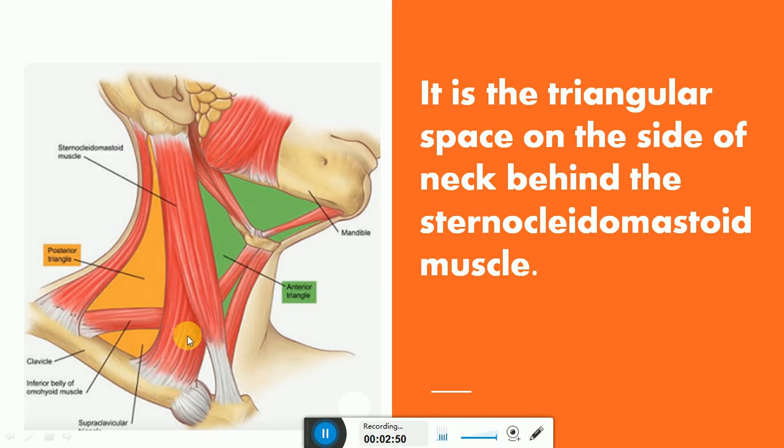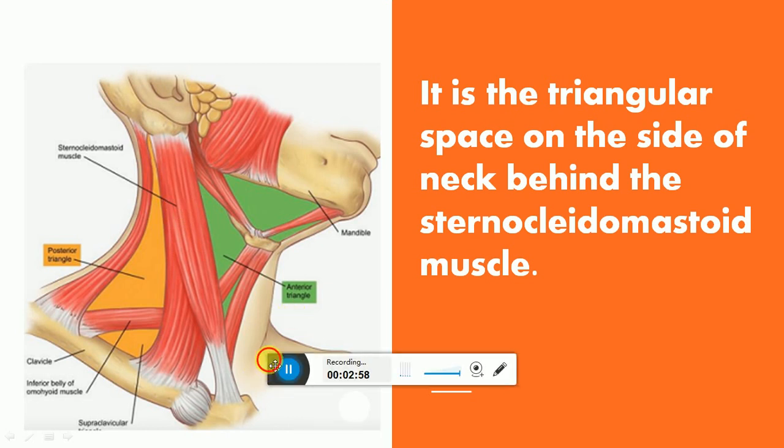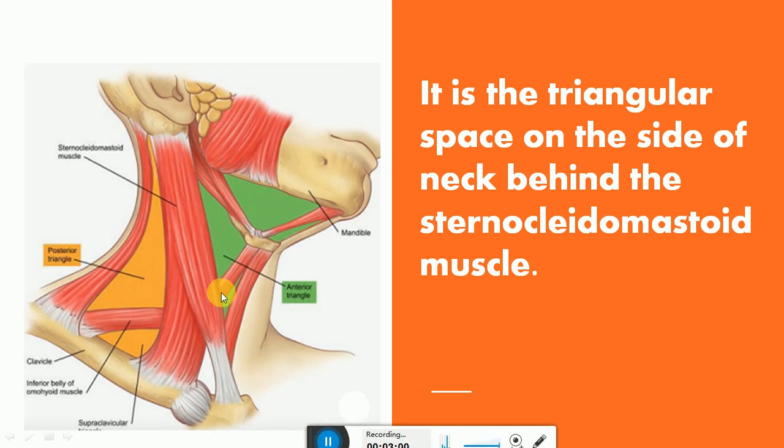Both these bellies fuse to form the sternocleidomastoid muscle, and this muscle gets inserted onto the mastoid process. This is the mastoid process which is present just behind your ear. If you want to palpate, you can palpate and see that there is a mastoid process present there.